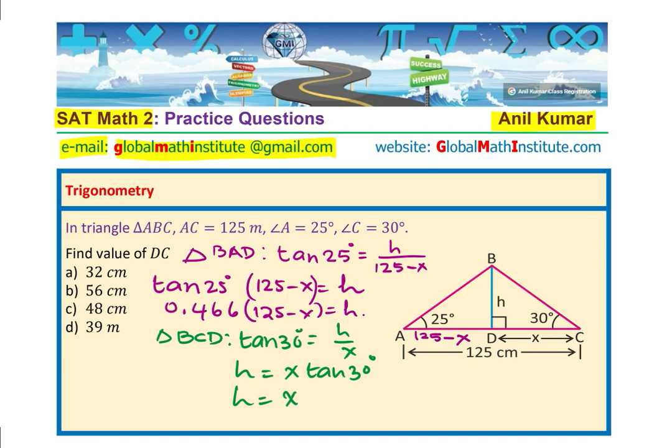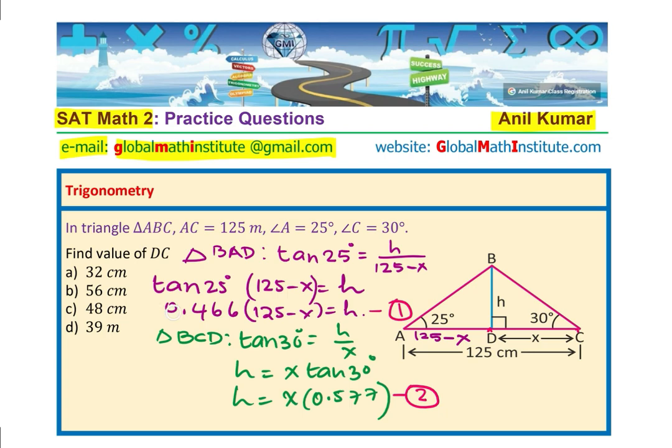Tan of 30 is square root 3 over 3, and the decimal value is 0.577. So you see we get two equations relating H. Now, I can equate these two equations for the value of H and then calculate what X is. X will give me DC. You get the idea, right?